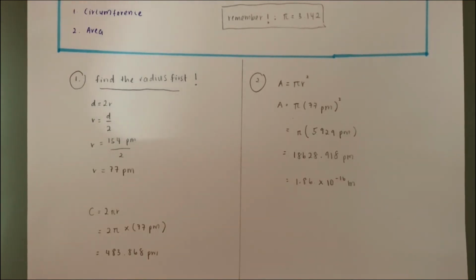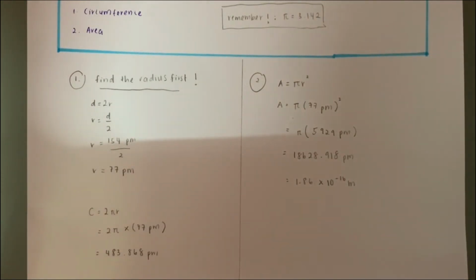So when we have the radius, we can put the value in the circumference formula, which is C is equal to 2 pi r. Just substitute the value and we get 483.868 picometer. As for question number 2, area is equal to pi r squared.